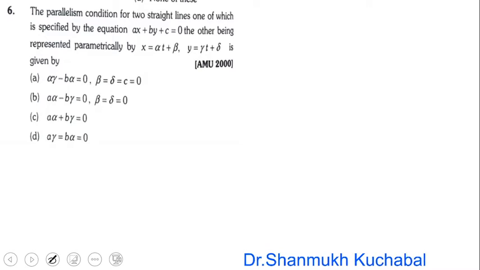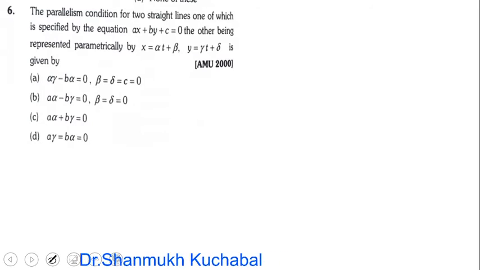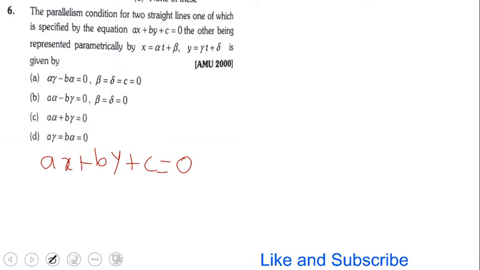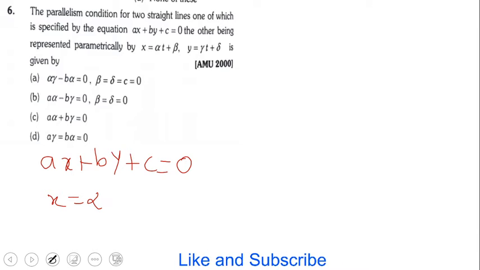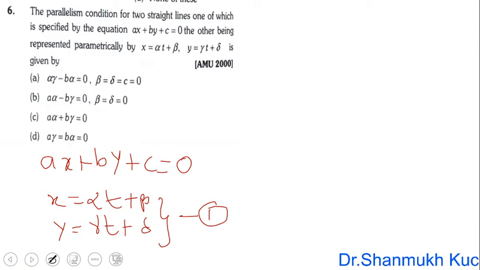So in this given question, the lines are ax plus by plus c equal to 0, and they have given two equations: x equal to alpha t plus beta, and y equal to gamma t plus delta here. I call this set of equations 1.